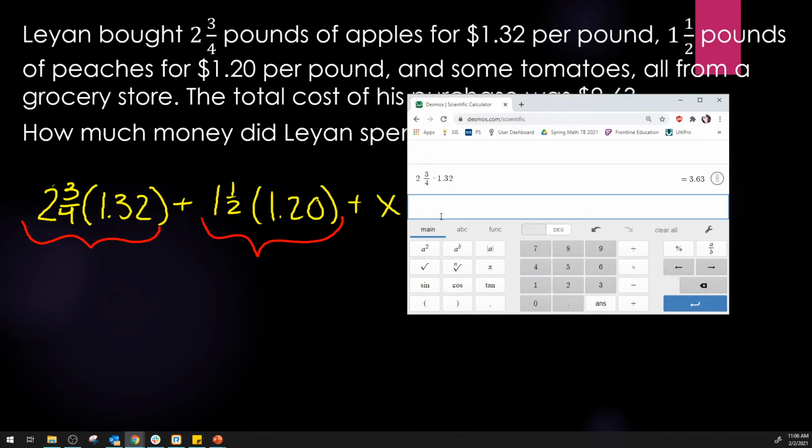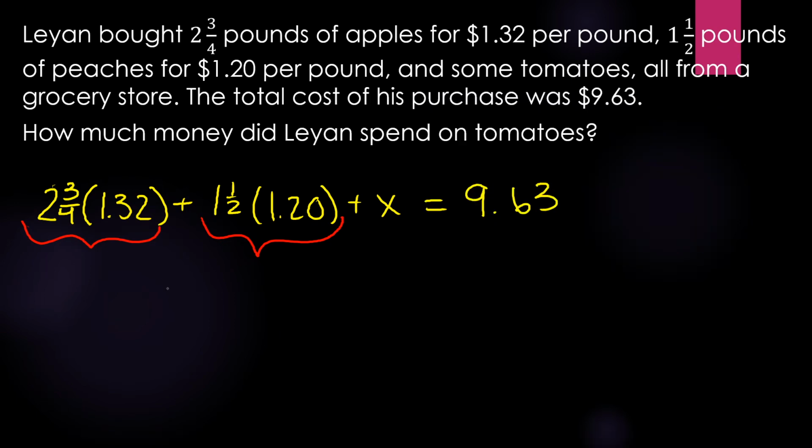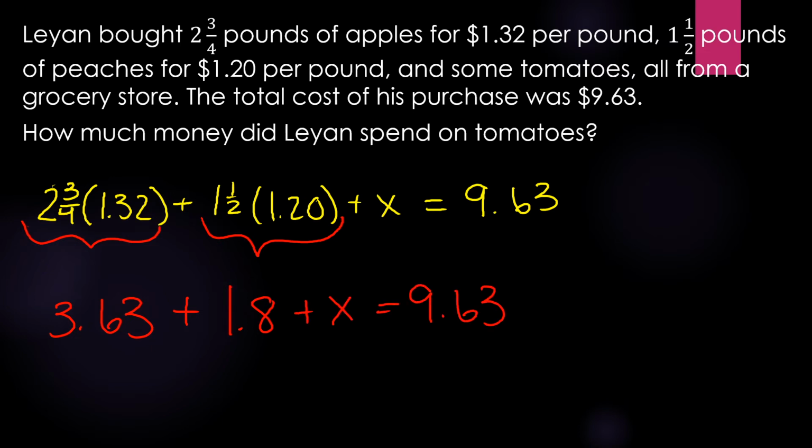And I'm going to do the second one right now as well. So I have 1 1/2, and I'm multiplying that to 1.2. All right, so it looks like I'm going to get 3.63 and then 1.8. I'm adding this to 1.8, which is added to X, which is equal to 9.63.